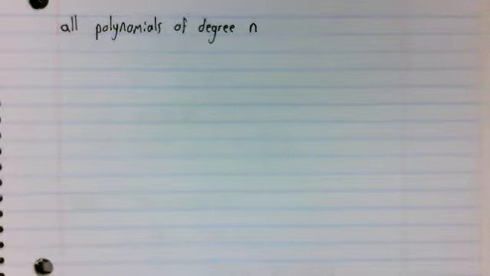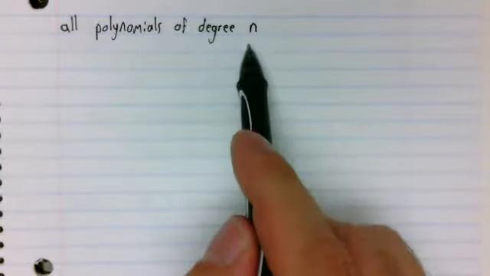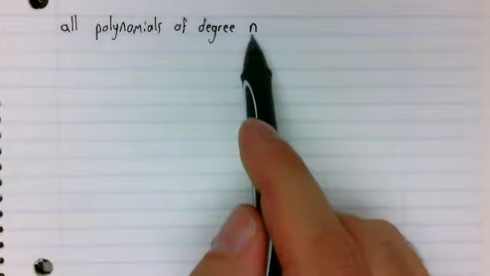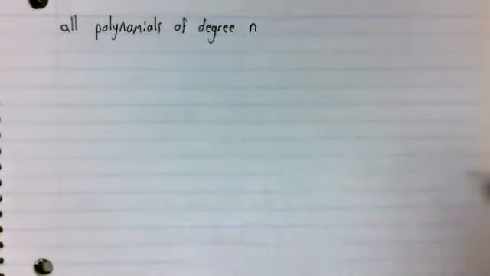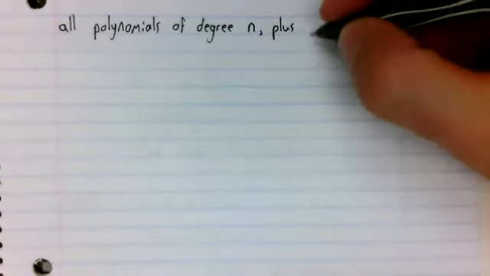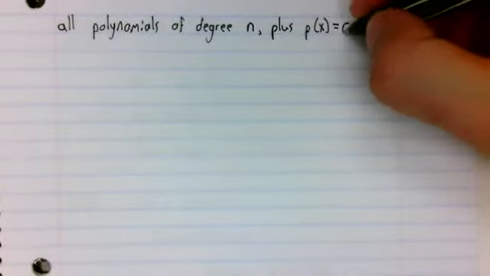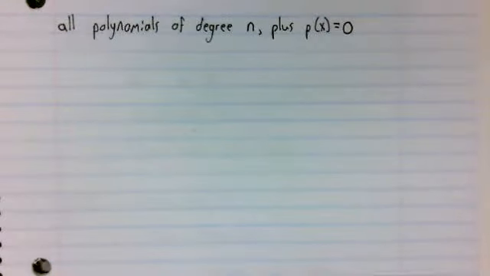Perhaps the quickest is to observe that there's no zero polynomial in here. 0 does not have degree n. But we could throw 0 in here by special fiat, so that's not a very important problem.